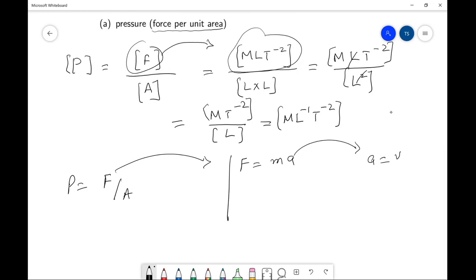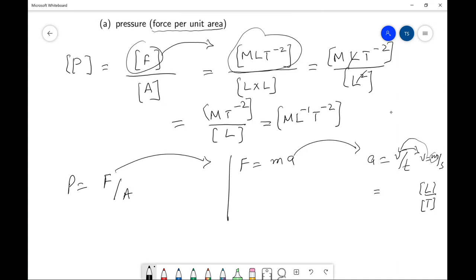Speed per unit second, and speed is what? Meters per second. Right, so we'll go back. Meter is what? Length. Second is what? Time. These are both fundamentals. And that's velocity.